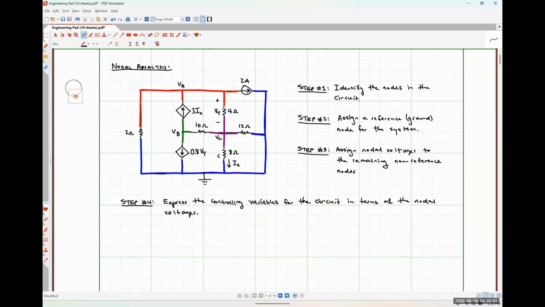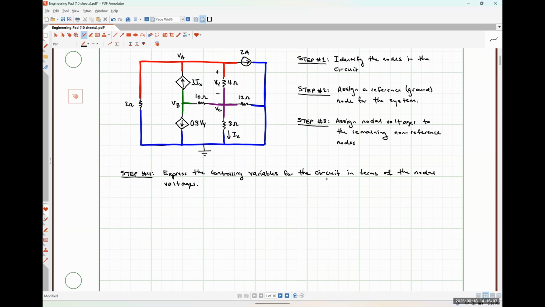So we're going to start with that current Ix. Our first equation that we're going to write is going to be for Ix, and we're essentially just going to use Ohm's law, okay?